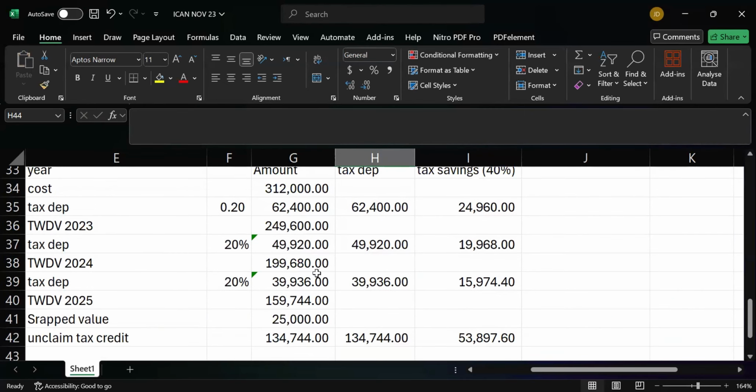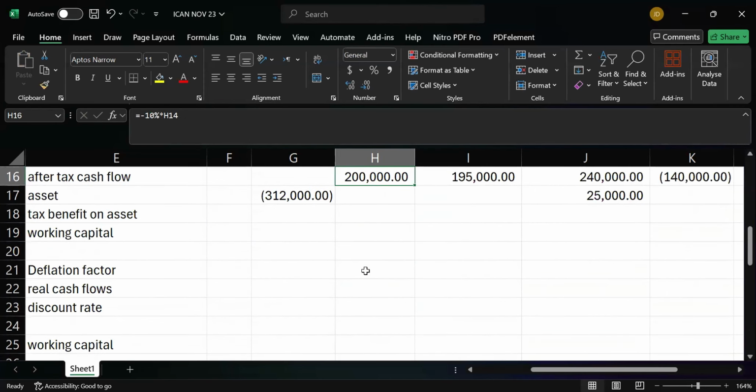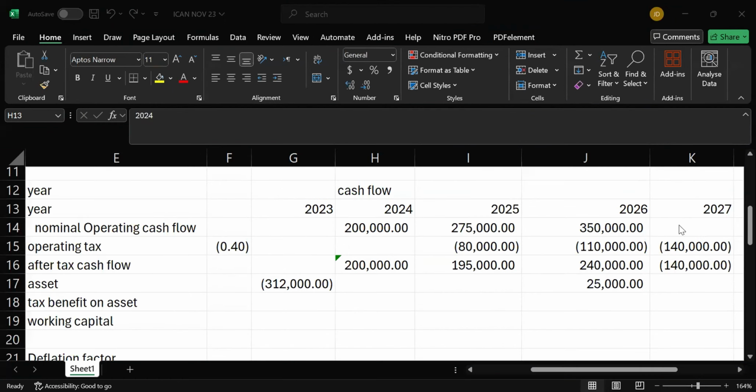And the project is expected to run, let's go back to our table. So basically, the project is expected to run from 2024 to 2026. So at the end of 2026, that asset will be sold.